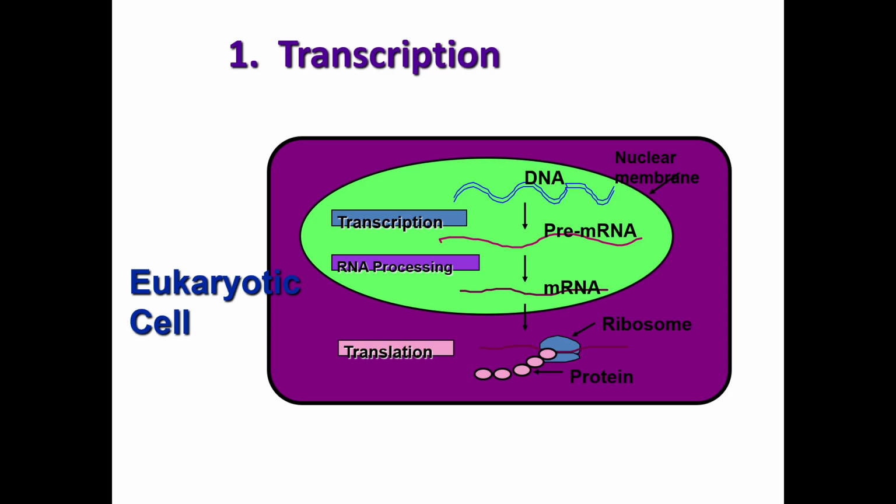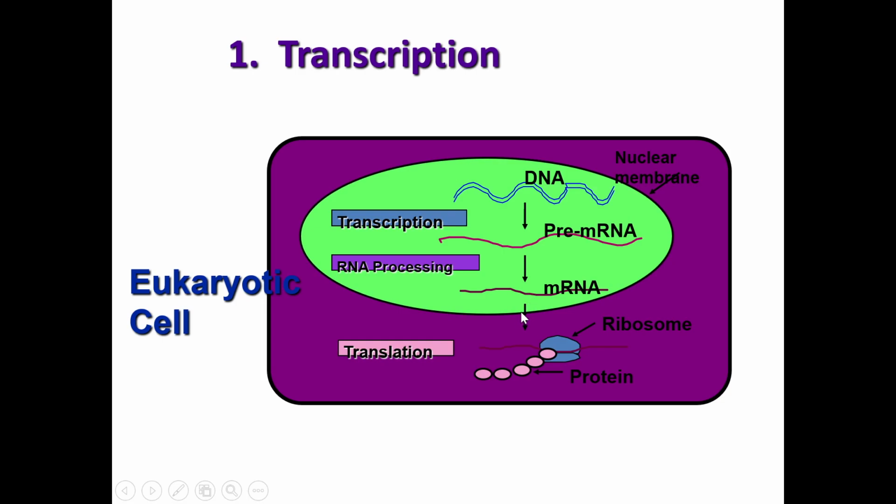So I hope that is clear. The process of transfer of genetic information contained in a segment of DNA is transcribed into RNA molecules by a process known as transcription.